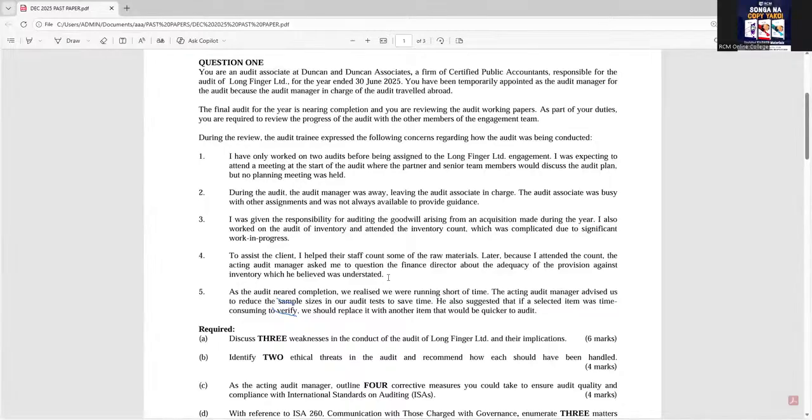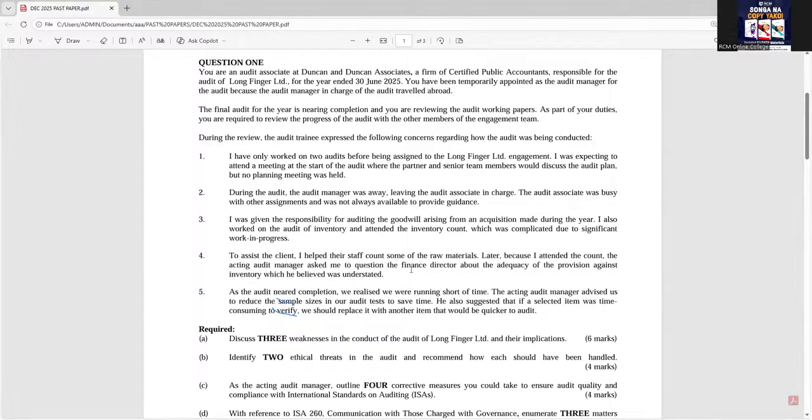So the way this associate or trainee will conduct this audit will likely be as a result of pressure from his manager. And therefore, to some extent, we can talk about intimidation, which does not emanate from the client's end, but from within his own firm. In this case, he is getting a lot of pressure regarding how to question the finance director.